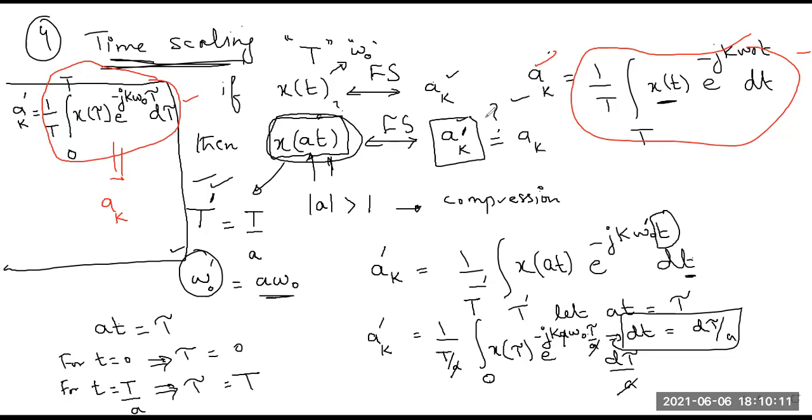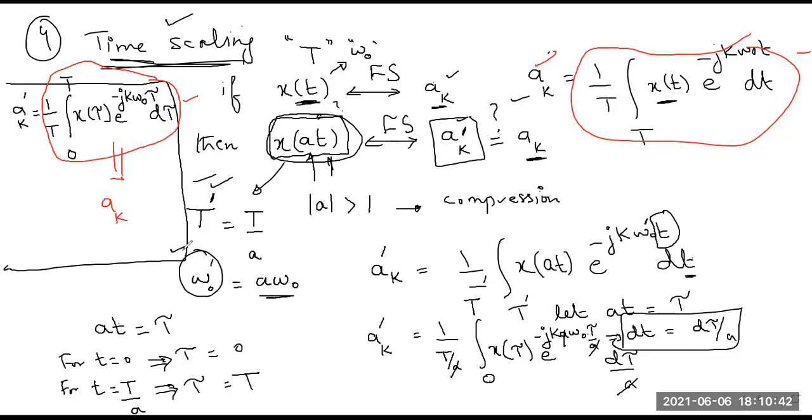This is the result that we introduced at the start, that when you apply time scaling operation to a given signal, its Fourier coefficients remain unchanged. Now you should remember this point as well, that even though Fourier series coefficients remain unchanged when you apply time scaling, the Fourier series representation will change.